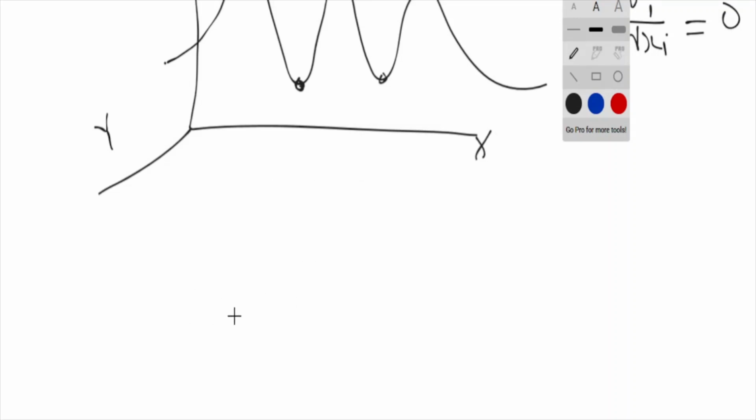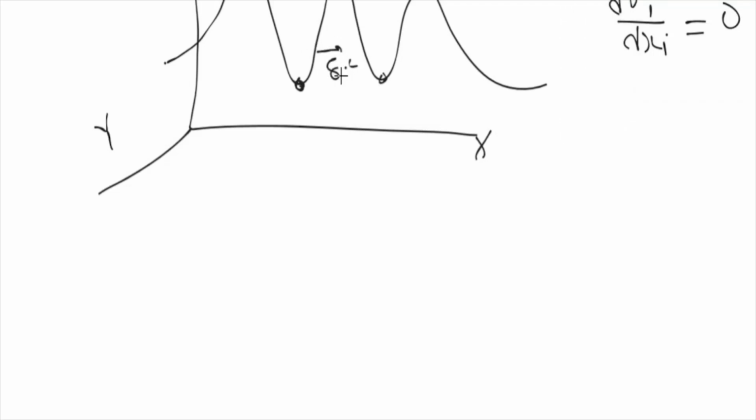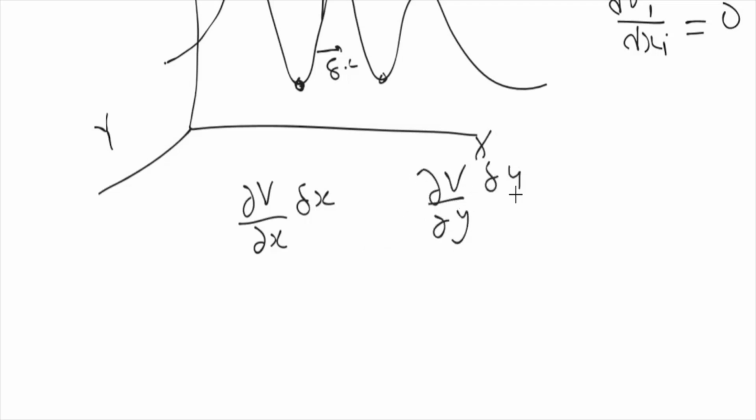This equation can be written as follows. If we move a little bit in the x direction, delta x, then the change in v in the x direction is del v upon del x times delta x. And if we move a little bit in the y direction, then the change in v will be del v upon del y times delta y.